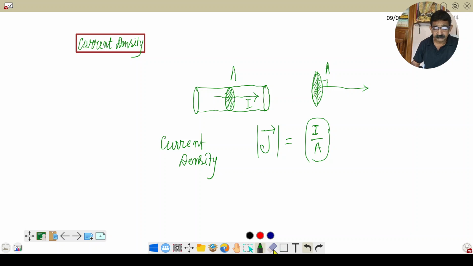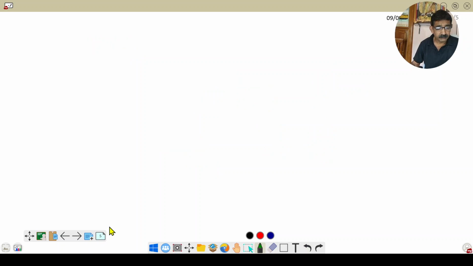That is the origin of resistivity. Now once again we shall draw a conductor like this.